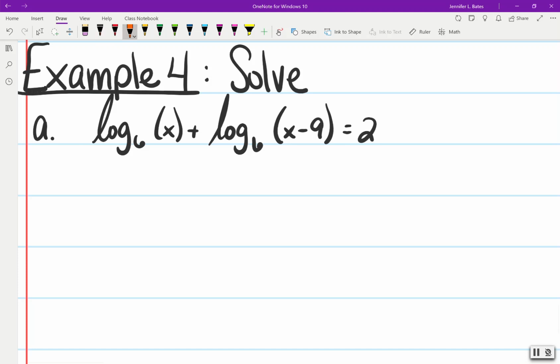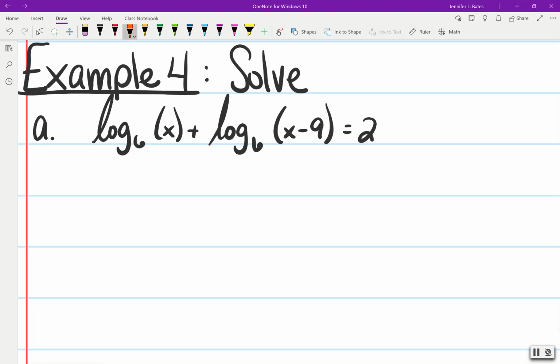Now, these problems are going to pull lots of information from the whole chapter, not just from this section. The very first thing that I want to do is condense my two logs. I want to be able to write these two logs as one log. So taking a look up at the whiteboard, which log property says if I have two logs getting added, I can combine them?